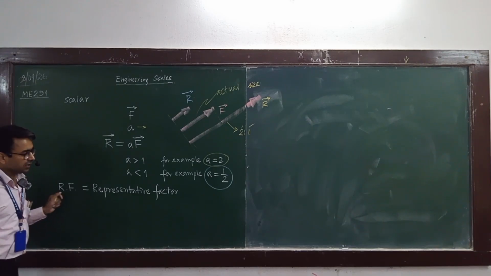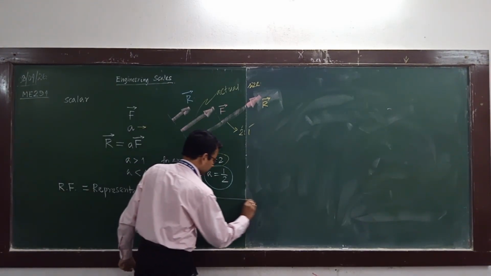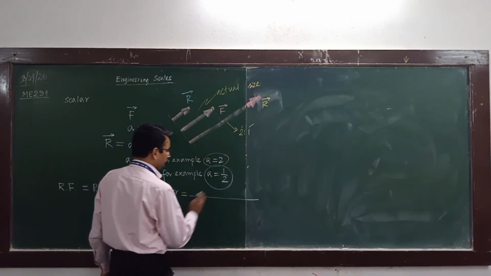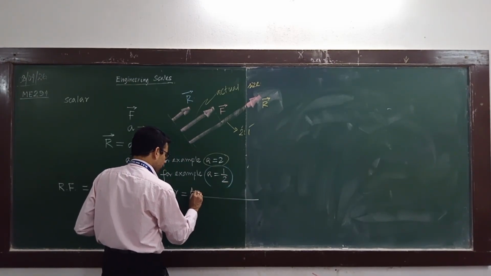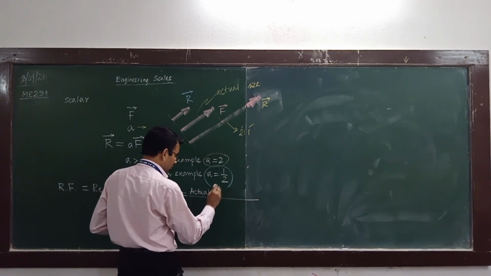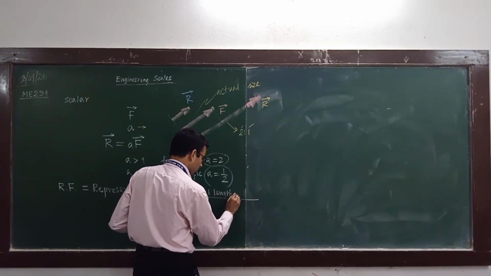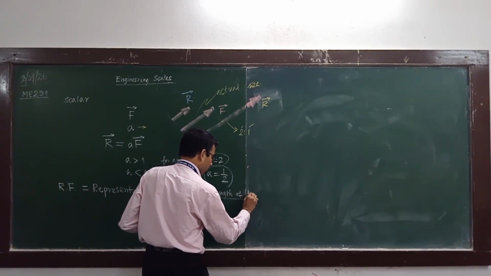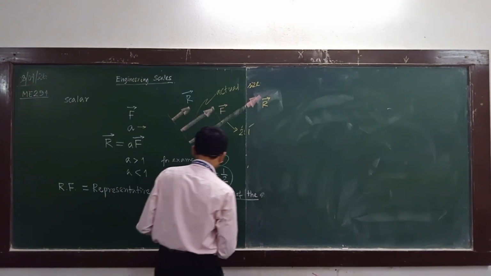Okay. So how can I define that? This is defined as length of drawing by actual length of the object concerned.